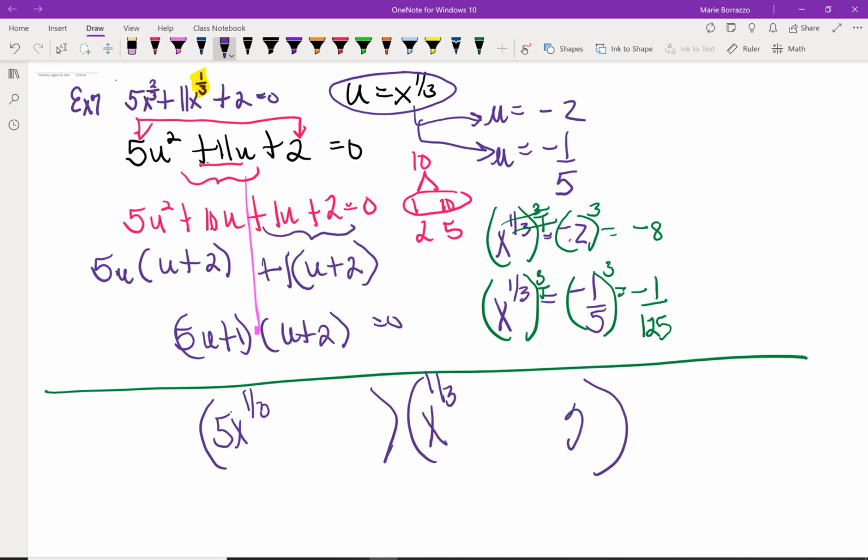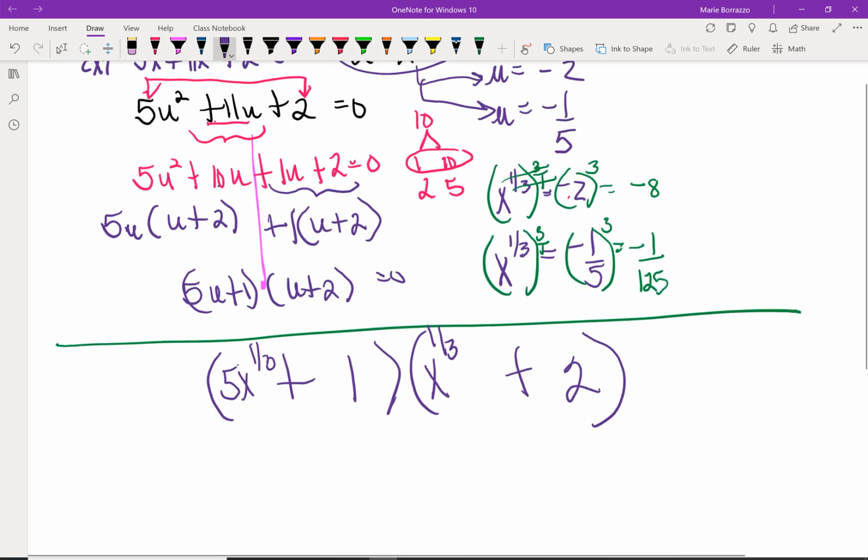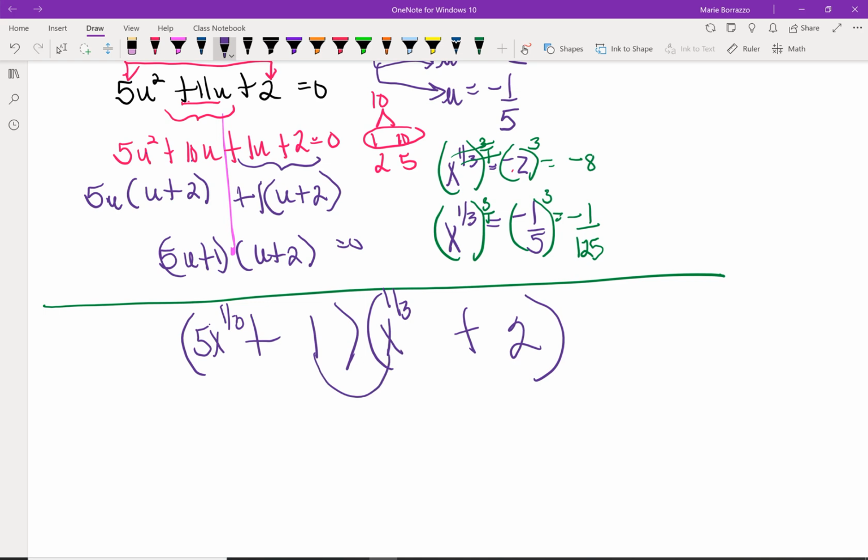And if I place the 2 here and the 1 here, since they're both positive, you're pretty much set with your answer right here. The inner-outer products are going to give you 1x to the 1/3, and then 10x to the 1/3, which if you add this, you do get 11x to the 1/3.